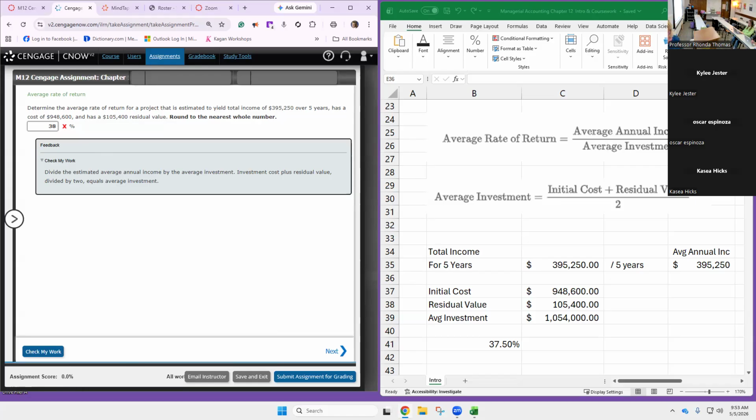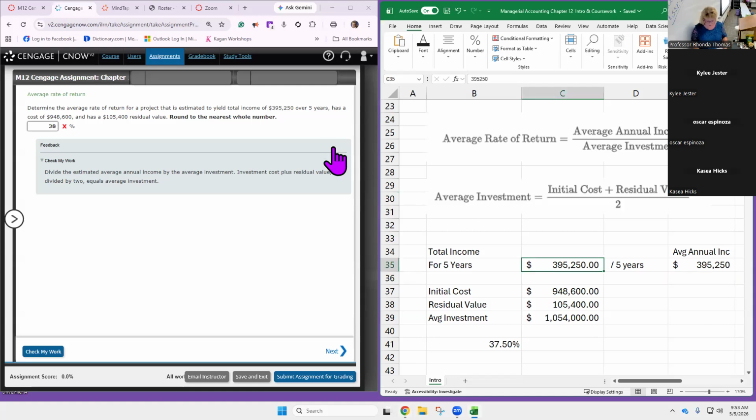No, all right, so 395,250 divided by 5. That's what it's showing. The average rate of return, and I got 8%, but I'll do it again. Oh, here's what I forgot to do.